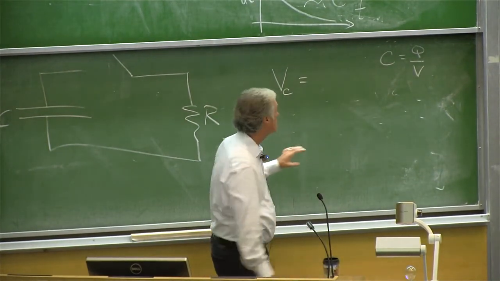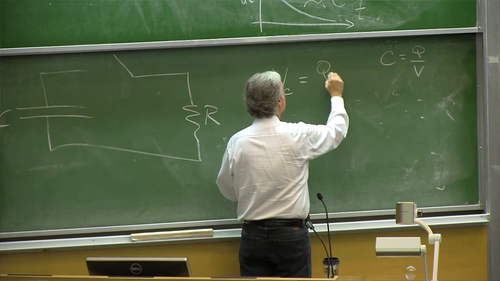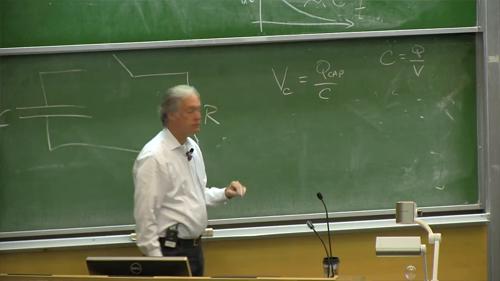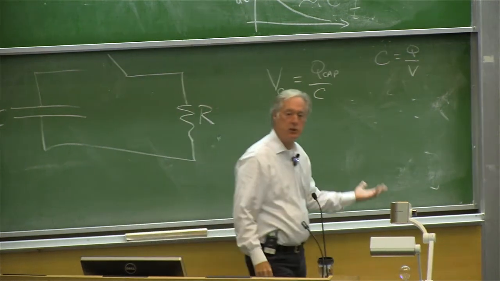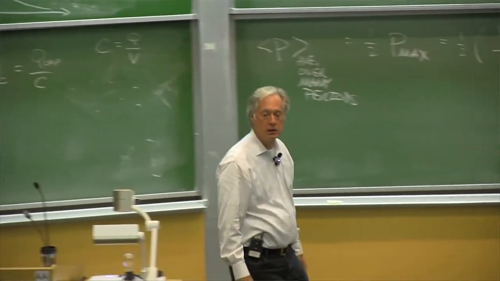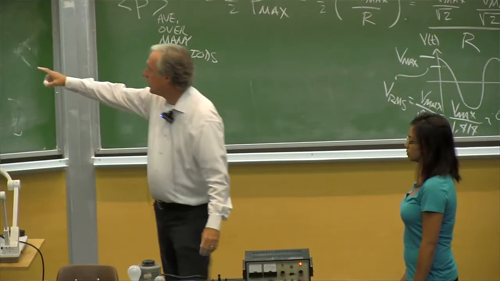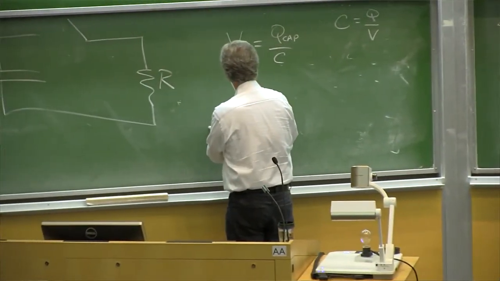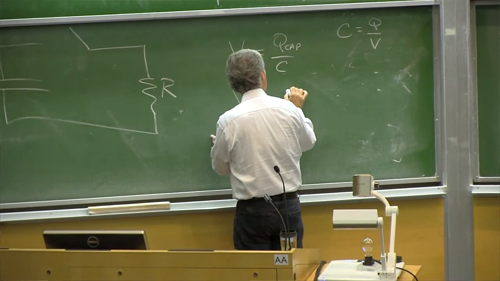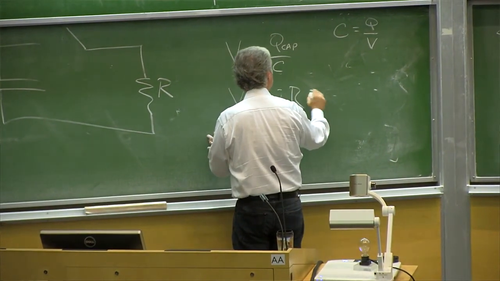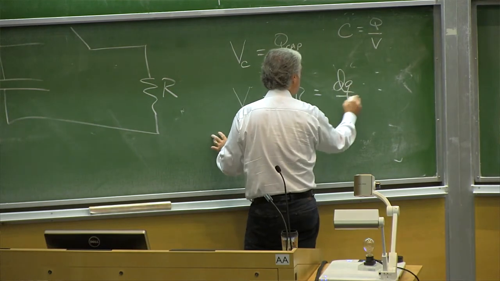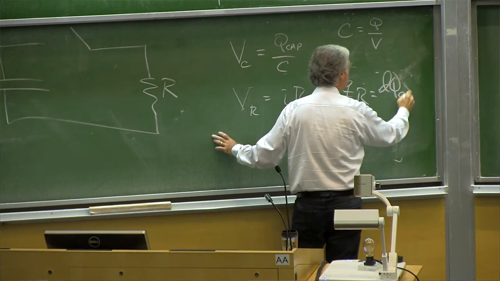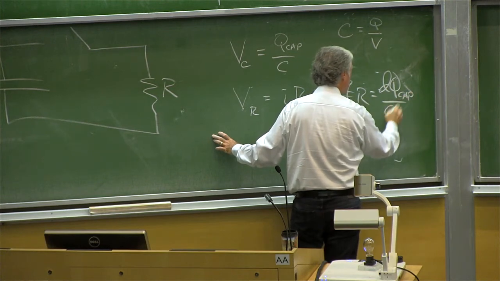So the voltage is Q on the capacitor divided by C. The rate at which that charge leaves is the current. Over here, the voltage across the resistor is going to be I times R. That's equal to dq/dt times R, which is the rate at which the charge is leaving the capacitor times R.